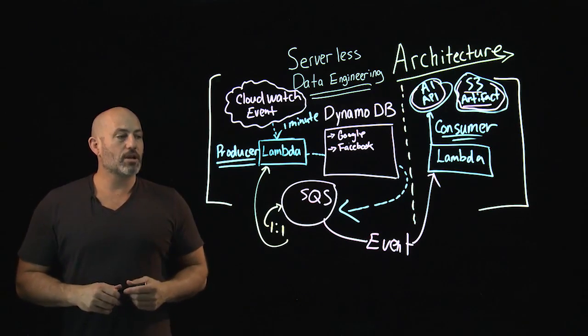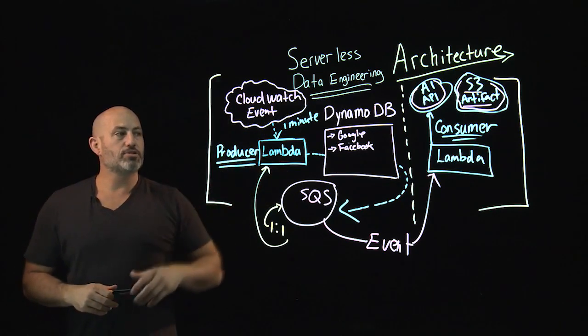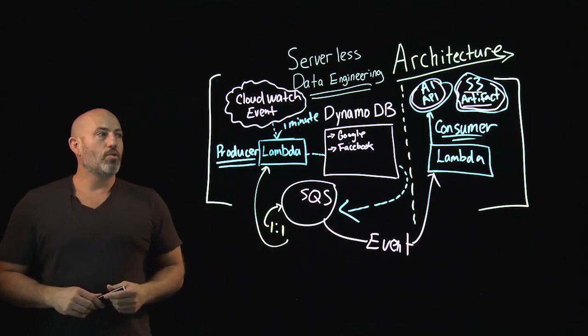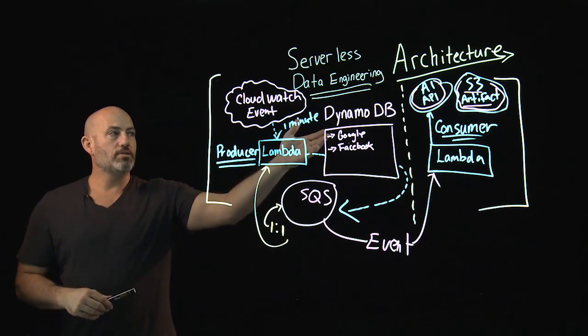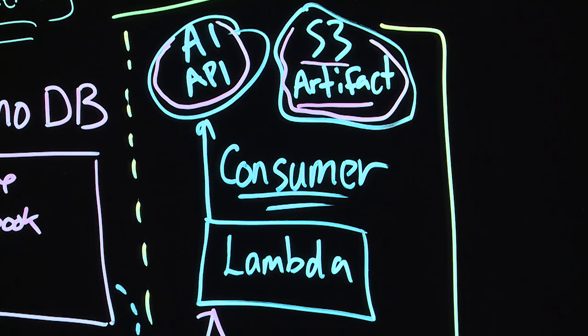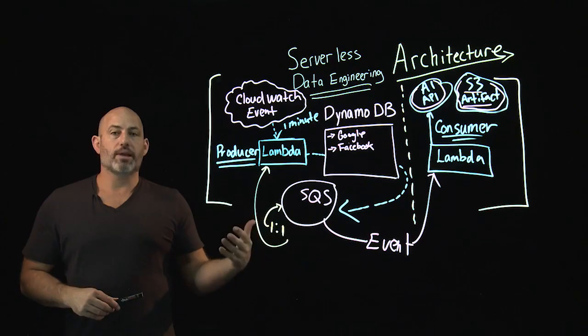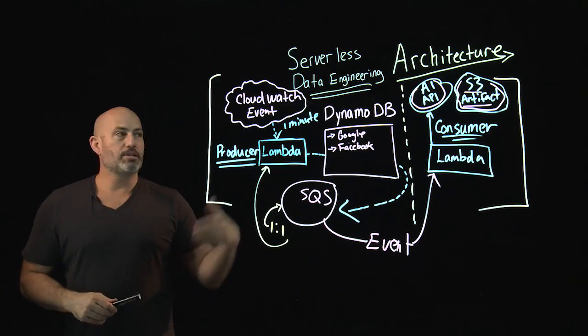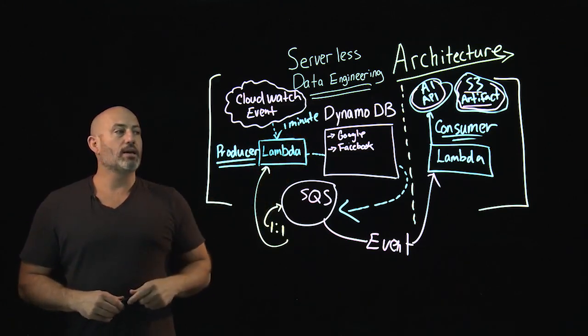Now next, what happens, again in this producer, is we go to the consumer side. And on the consumer side, we call out into the AI API. In our case, we're using AWS Comprehend, but it could be Rekognition, it could be Translate, it could be some other pre-built API.